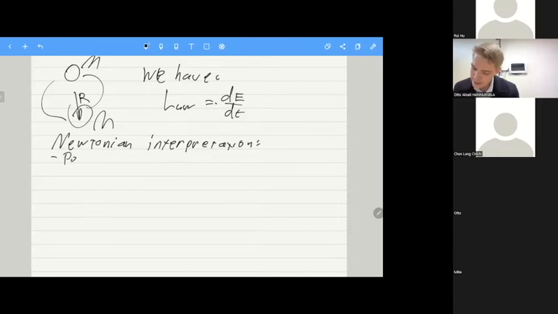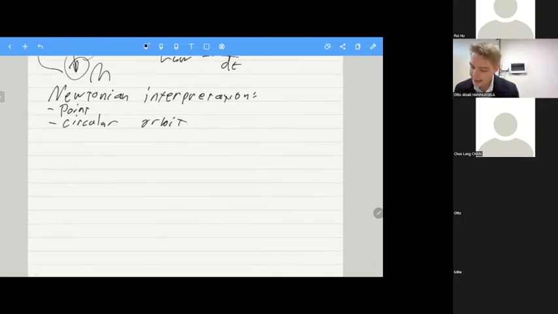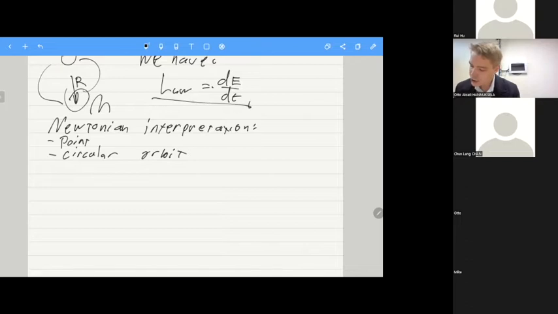Again, point masses, circular orbit, and the gravitational wave emission, so the energy being taken away from the system, follows the formula for the gravitational wave emission that we saw before.